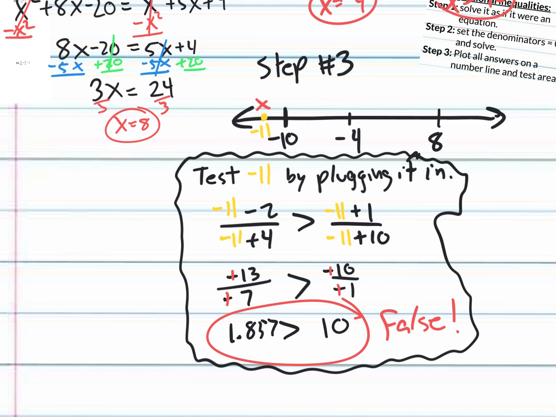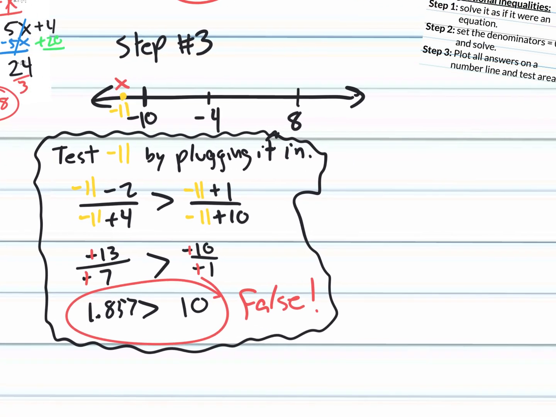Okay, so we're going to test, and let me write it over here on the side. Like I said, you need a lot of space for this. We're going to test negative 8. I want to use the blue color this time. How? By plugging it in. I'm getting lazy about this. So we're going to rewrite the whole original, but instead of the negative 11s that are right here, right there, right there, right there, I'm going to plug in a negative 8.